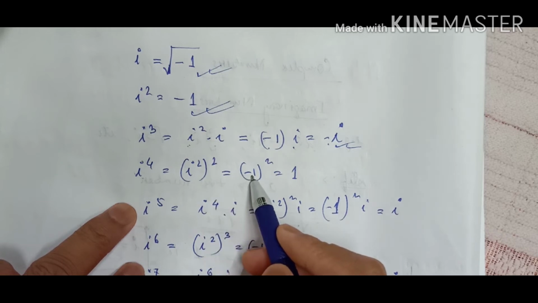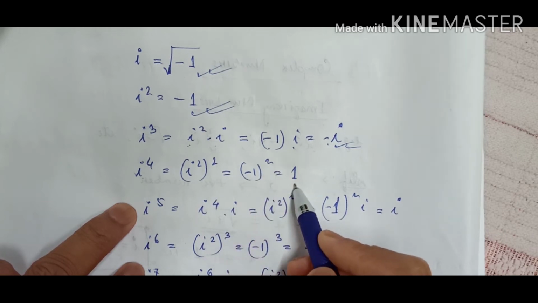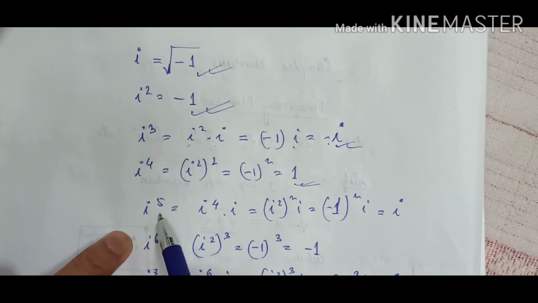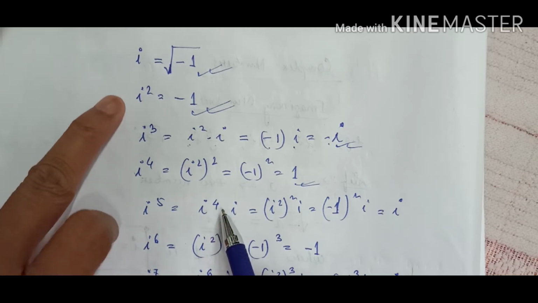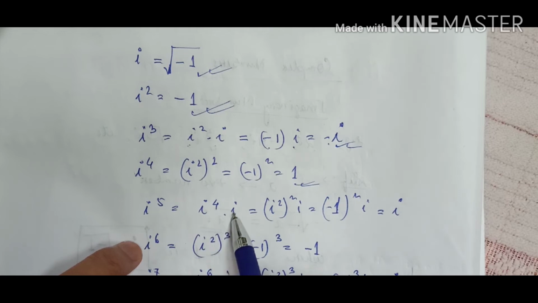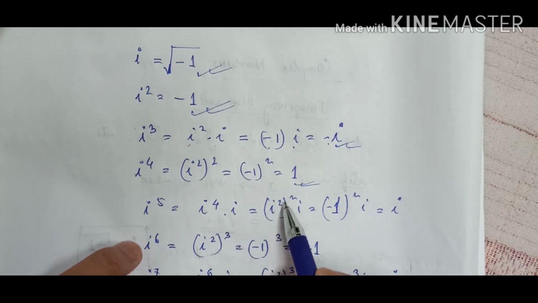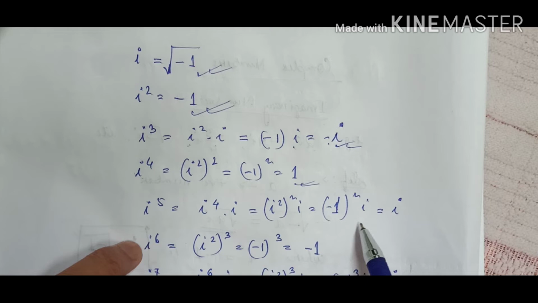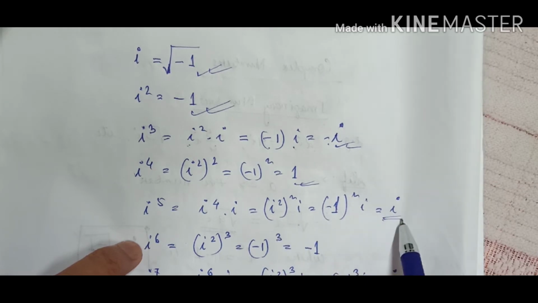So i square we know, minus 1 square equal to what, 1. i to the power 5, what we can write, i to the power 4 into i, we can make i square square into i. So i square means minus 1, whole square means 1, into i, which is i.